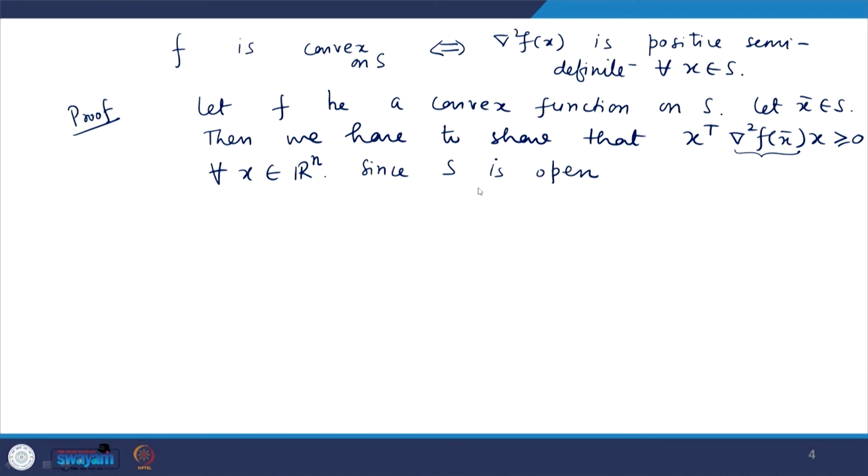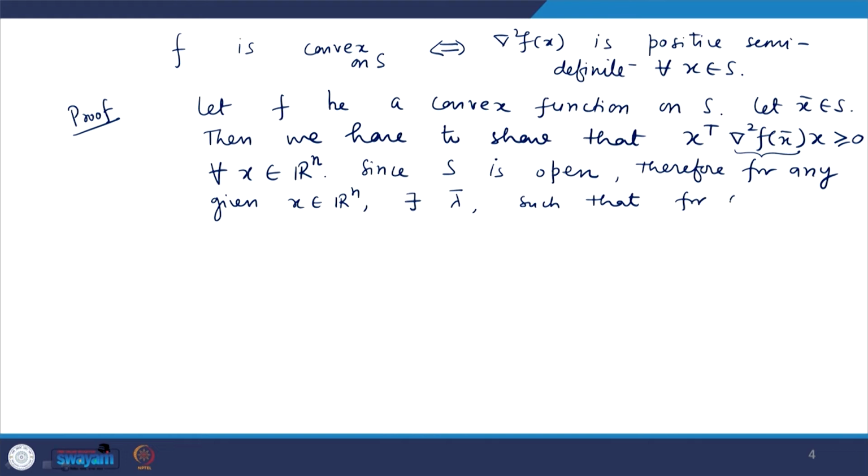So, since S is open, therefore for any given x belongs to R n, there exists some lambda bar such that for 0 less than lambda less than lambda bar, x bar plus lambda x will belong to S. No matter how small lambda bar is, it hardly matters, but there will exist some lambda bar such that for any x belongs to R n, x bar being already in S, this x bar plus lambda x will be in S, because S is open. One can very easily visualize the geometry of this.